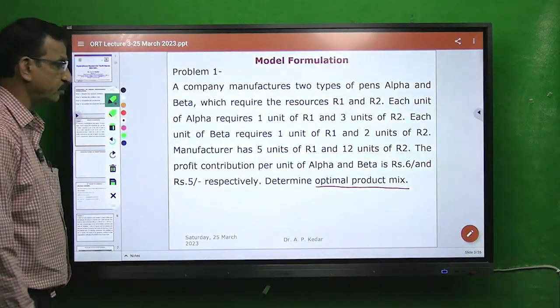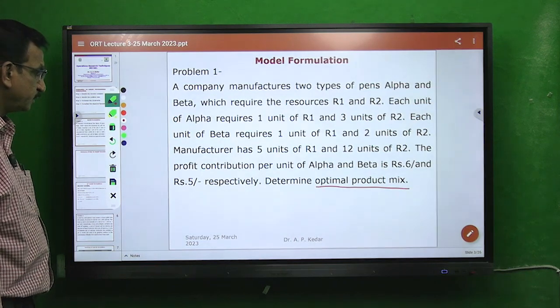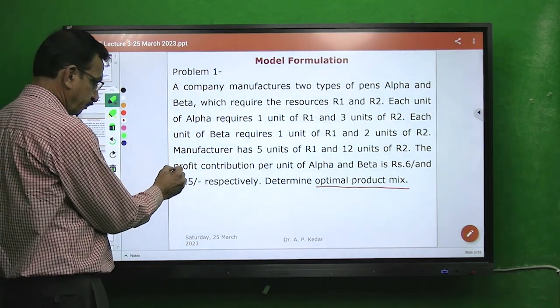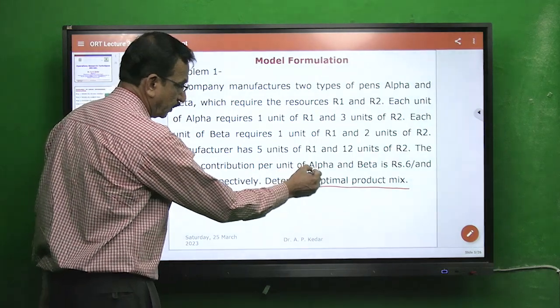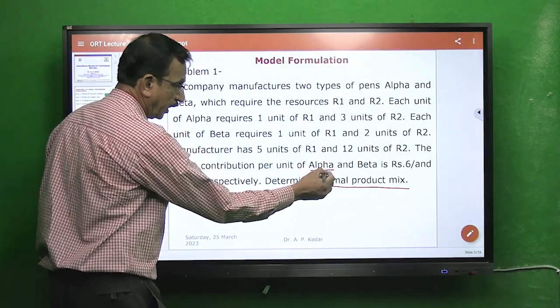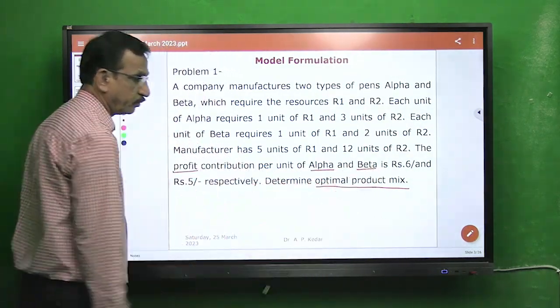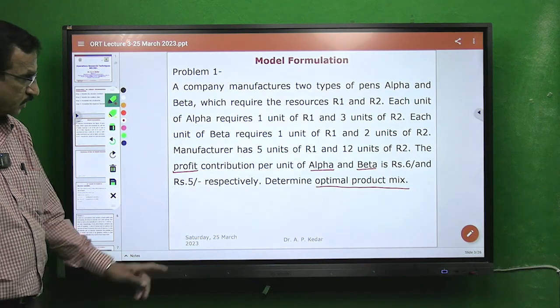That was the requirement of this particular problem, and in this problem the word profit was used on per unit of alpha pen produced and beta pen produced.